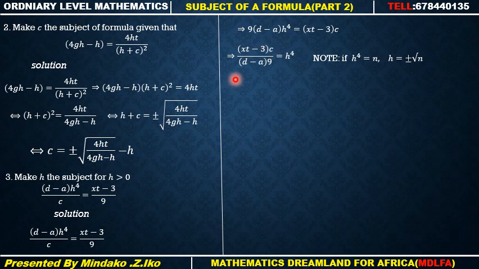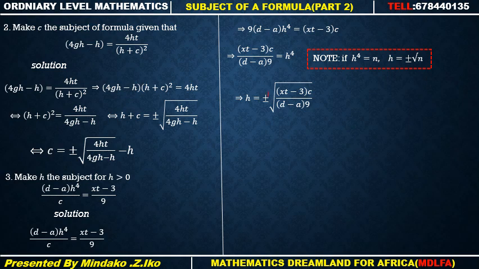Oh, actually there's a mistake here. It was supposed to be fourth root of n, not square root of n. Okay, so just put the 4 here. It was supposed to be fourth root there. So at the end of the day we are going to have that h equals the fourth root.